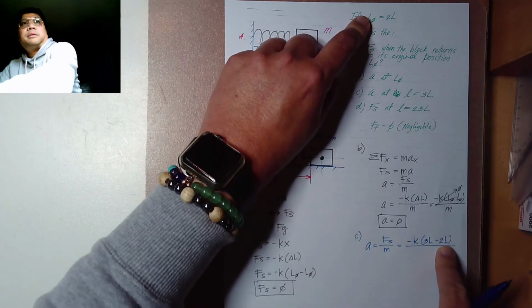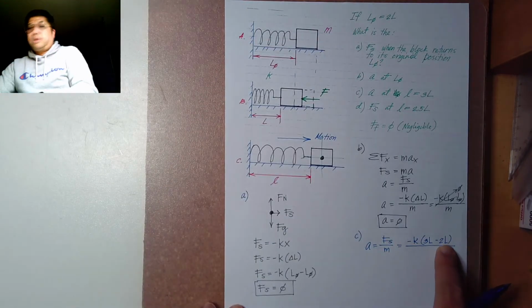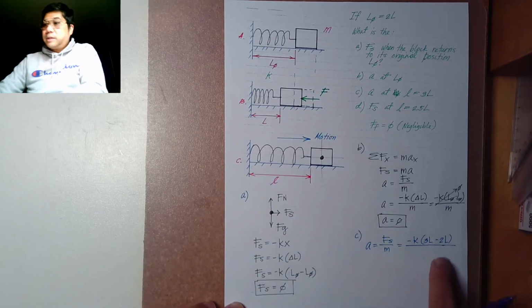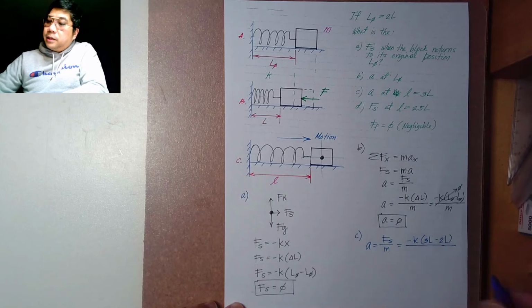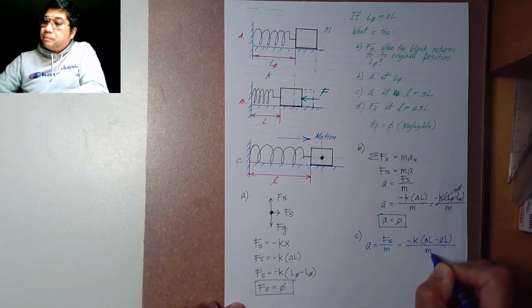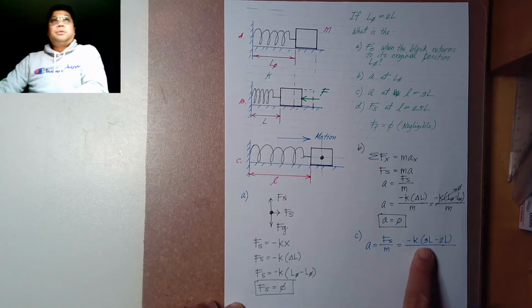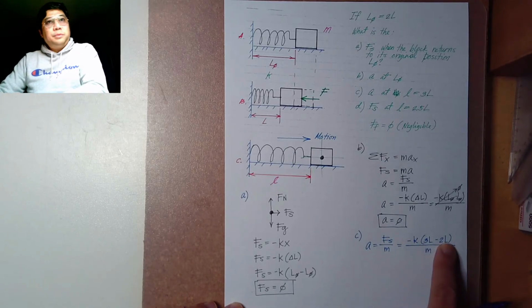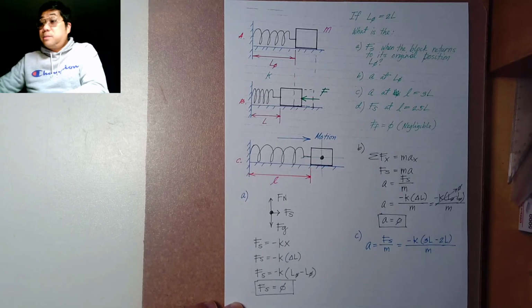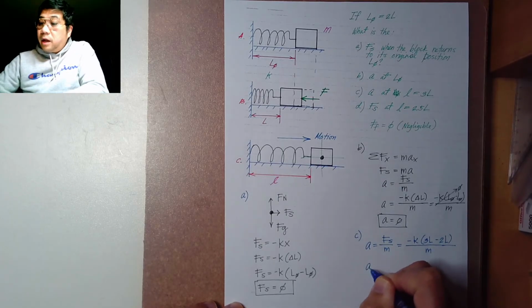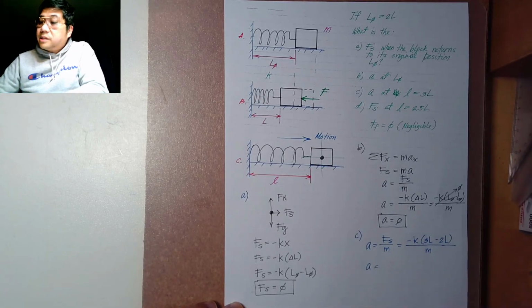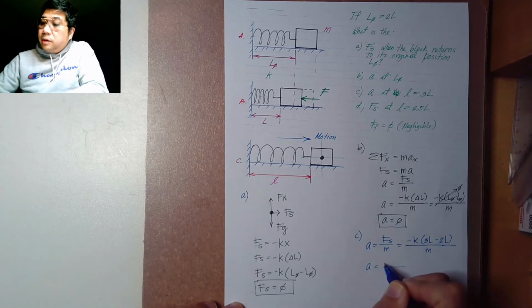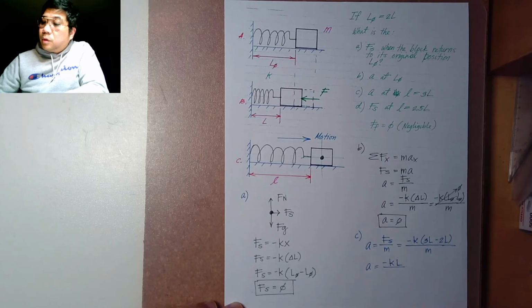It's right here. So that's the original location. So that's 2L, and then we divide by m. 2L, 3L. So it means what? 3 minus 2, so that is positive. And then now we're going to have an answer that is negative KL over M.